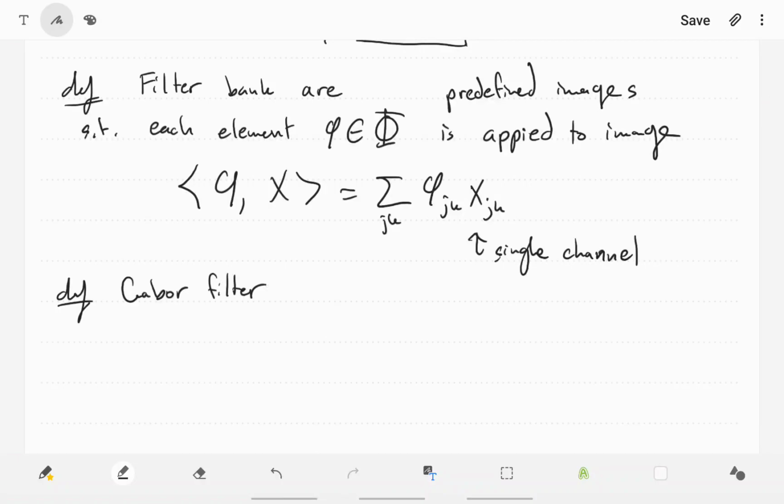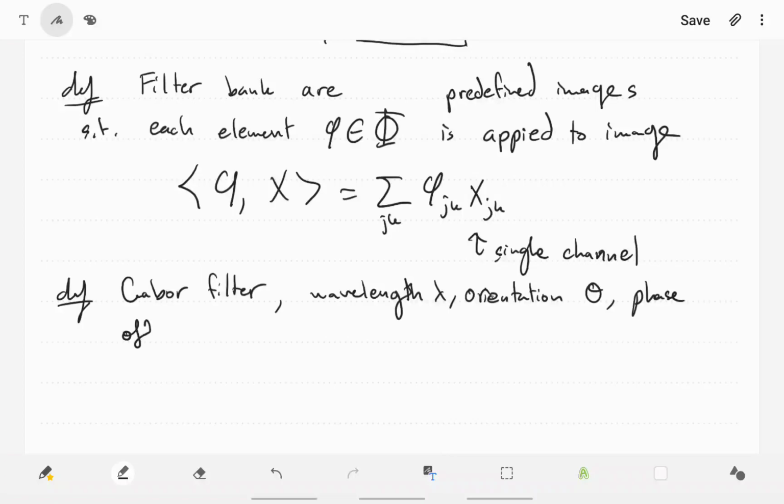For the Gabor filter, there are several parameters. There's the wavelength, lambda parameter. There's an orientation parameter, call it theta. There's a phase offset parameter.